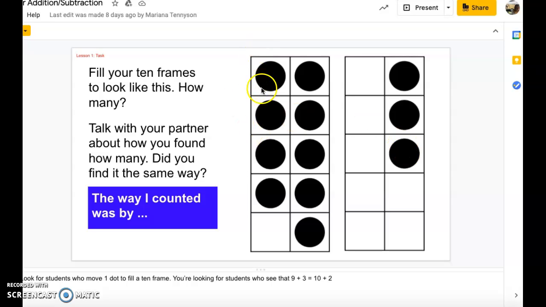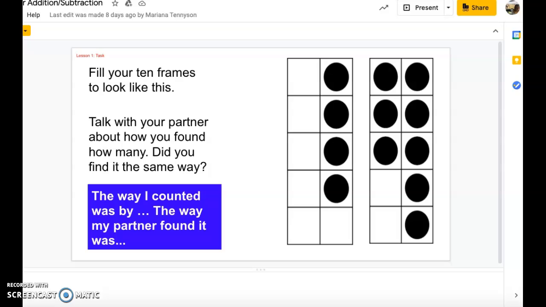Could you count each circle? 1, 2, 3, 4, 5, 6, 7, 8, 9, 10, 11, 12. Yeah, you totally could. Could you move one of these circles over to make it 10? You can take one of these circles, move it over here to make this 10 and say 10, 11, 12. There are many different ways to count, but there are 12.